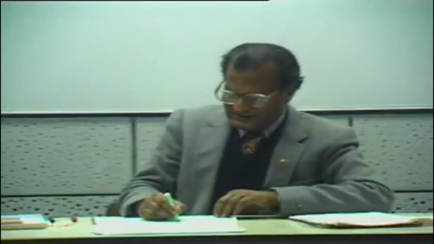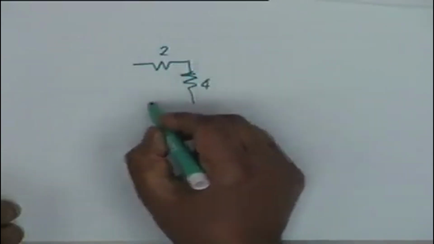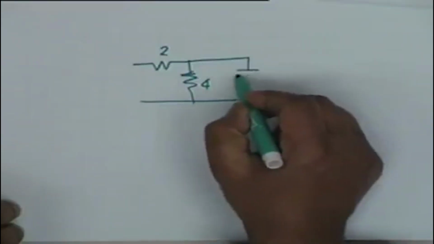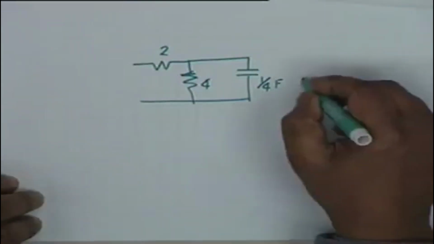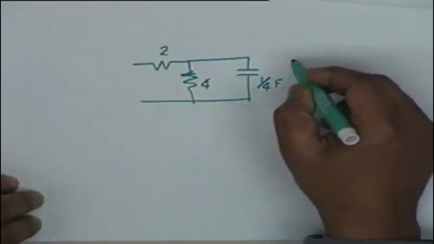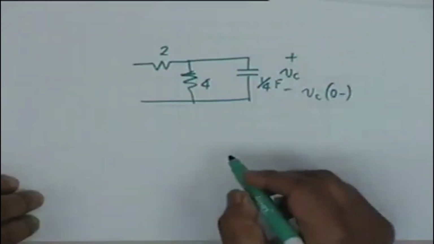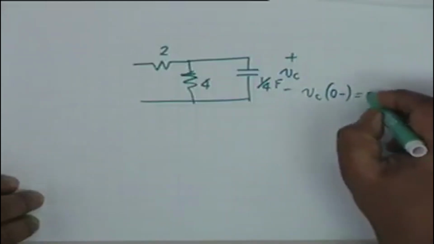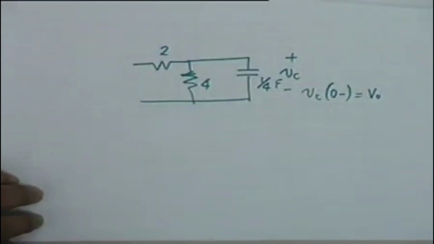Therefore, let us say that in this circuit we have 2, 4, and 1/4 farad, and let us say that V sub C of 0 minus is equal to V0.